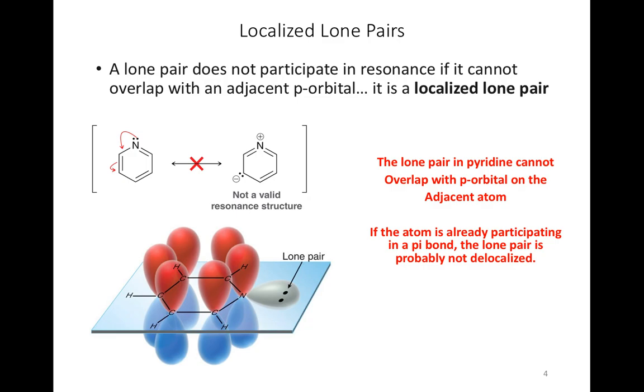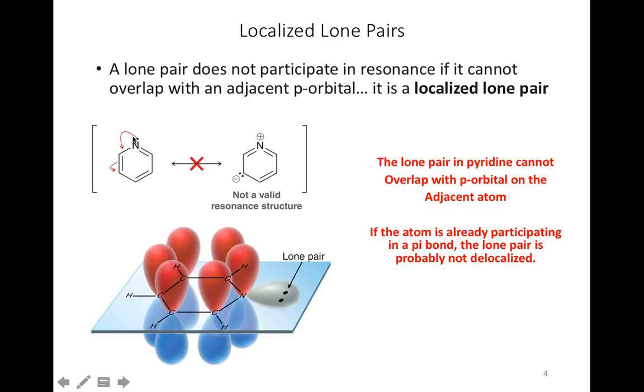So here's another example that's a little bit counterintuitive at first. If I was to give you this Lewis structure and say, draw me the resonance structures, I think it would have been very natural to say that, okay, well, we have a lone pair, it's allylic to a double bond, so I should be able to form the resonance structure indicated by those red arrows. Now, the problem is, this nitrogen is sp2 hybridized, right?